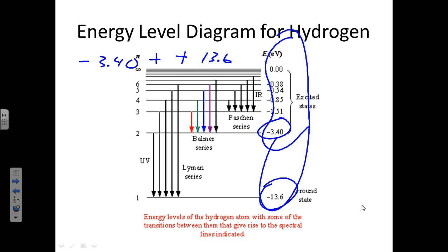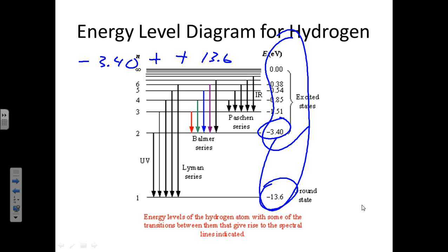High frequency, high energy. Notice when you're going from like 6 down to 2, or 5 down to 2, or 4 down to 2, you're getting visible light, different wavelengths of visible light. But when you transition all the way down to 1, that's when you start getting these UV lights. Because the differences in energy between like 6 and 1 are really big.